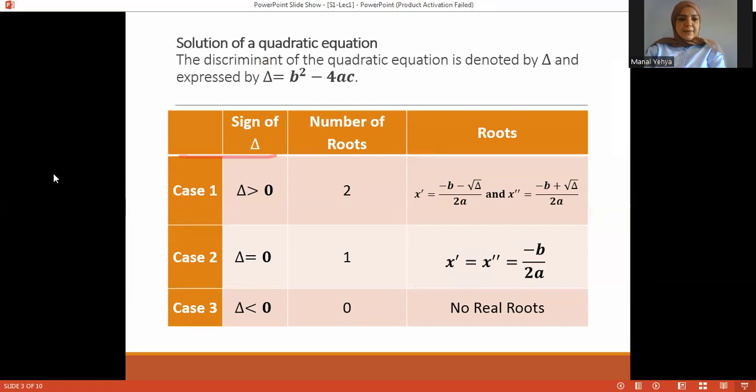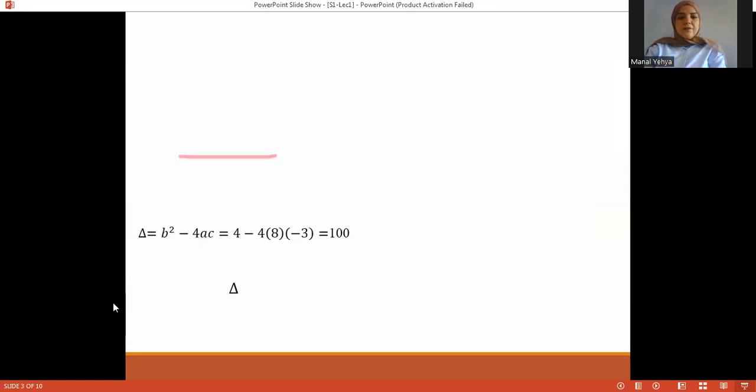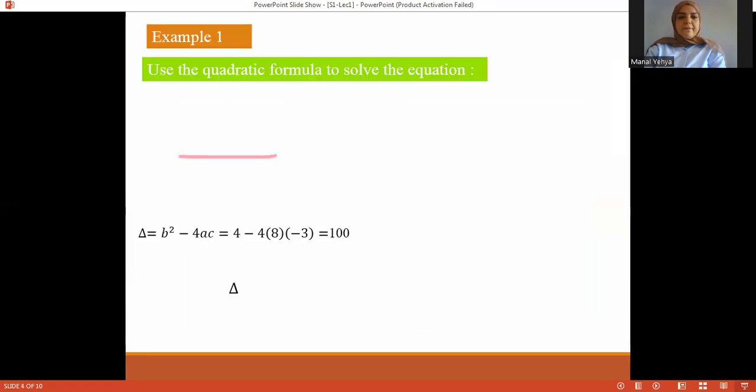The first example is we have 8x squared plus 2x minus 3. This is an equation, and we need to solve it.